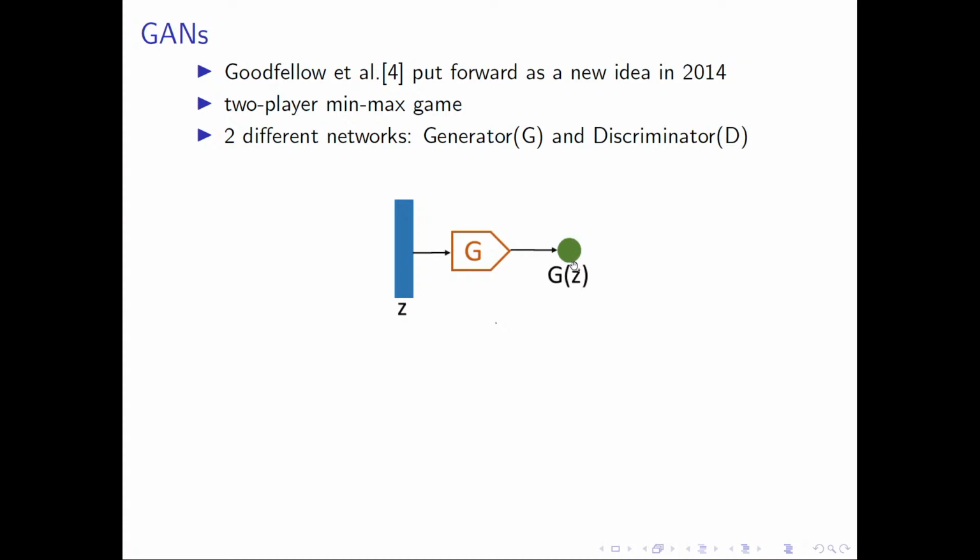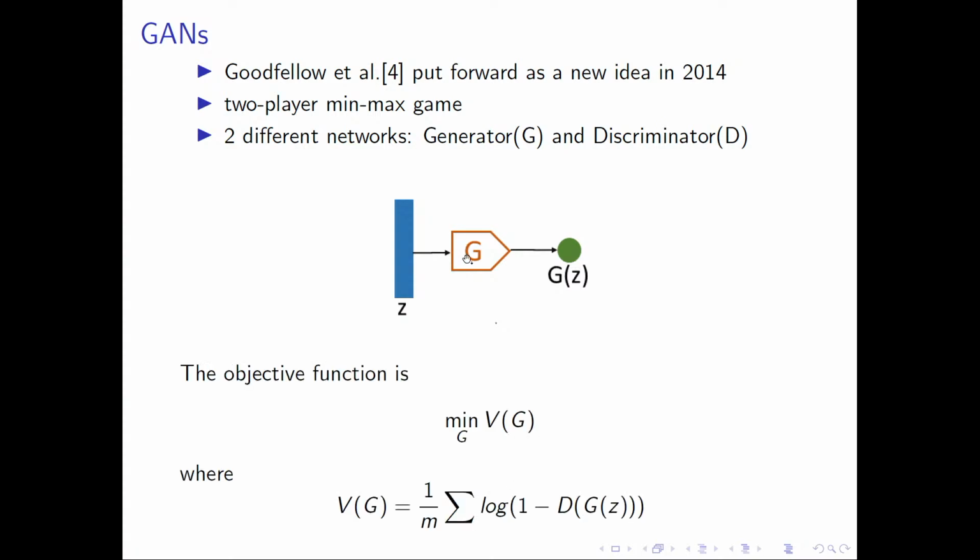Meaningful here means creating data similar to real data. So how does it understand whether it is similar or not? By taking the output of the discriminator.